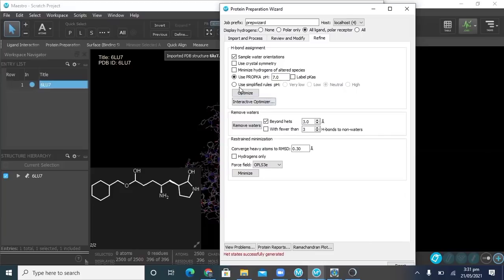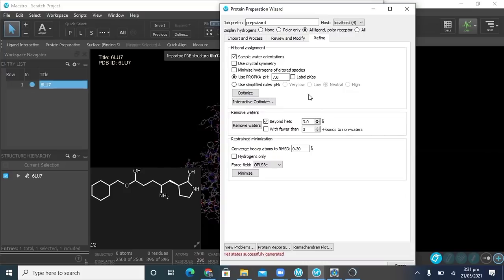So this is the process of optimization and minimization, in which atoms can be arranged into their original positions, bonding patterns can be corrected, and extra, non-standard atoms and residues can be removed.